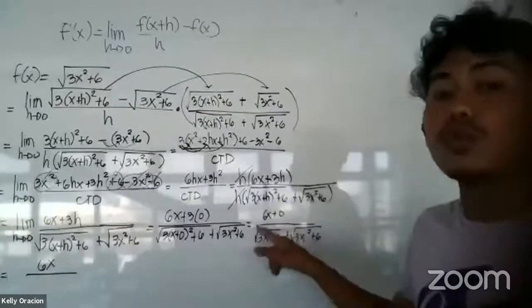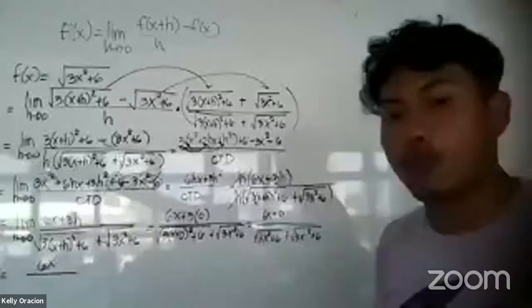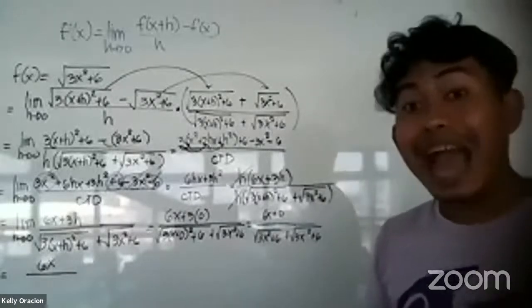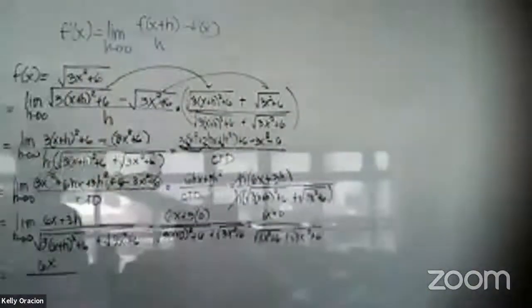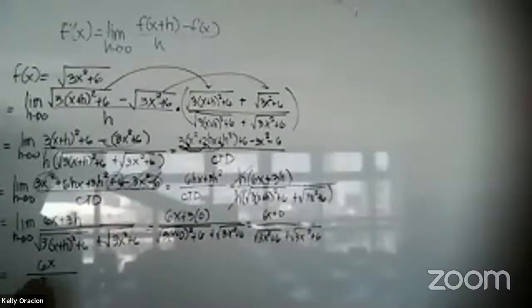The index is 2, so the same. The radicand is 3x squared plus 6, so the same. So you can add them. So the answer, 2 square root of 3x squared plus 6.